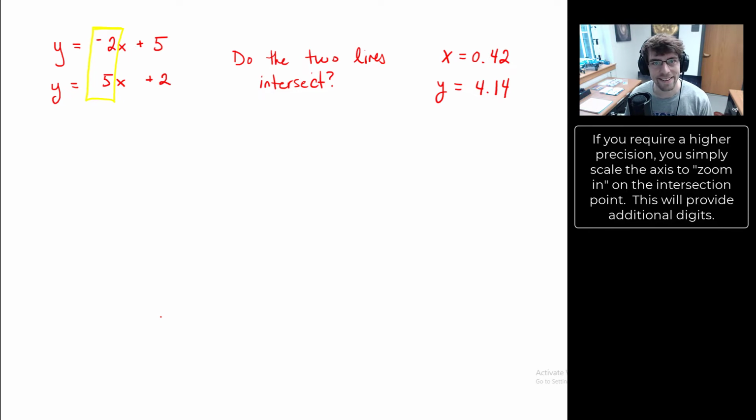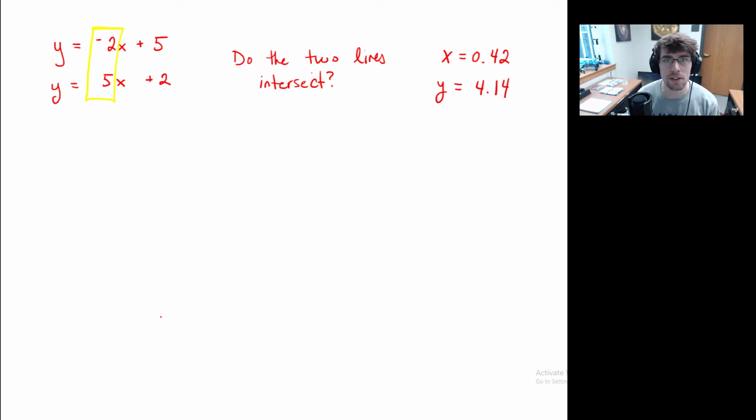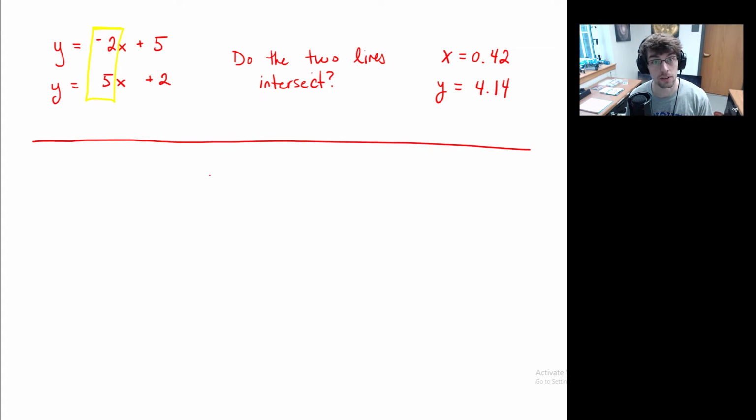Pretty cool, huh? Of course, if we wanted to do it algebraically, generally the process would be something like sub and solve. I will take the top equation and solve for x, then plug it into the bottom equation. So this was graphically, and then we have algebraically.